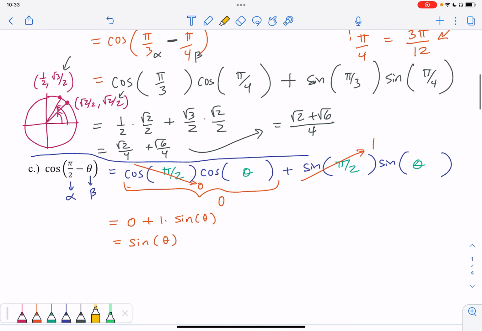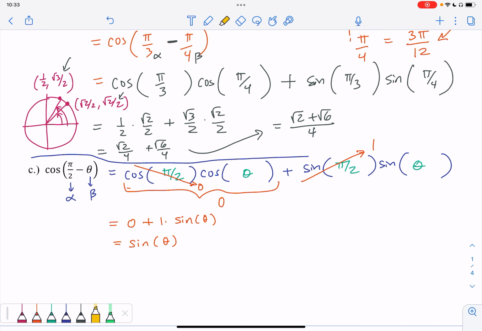A cofunction identity says that if you have two angles that add to be 90 degrees, so let's check the angles. Let's think of this as one angle right now, the angle pi over 2 minus theta. I'm going to add that to my ending angle, which is just theta.